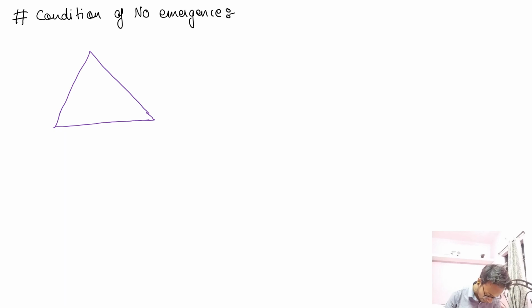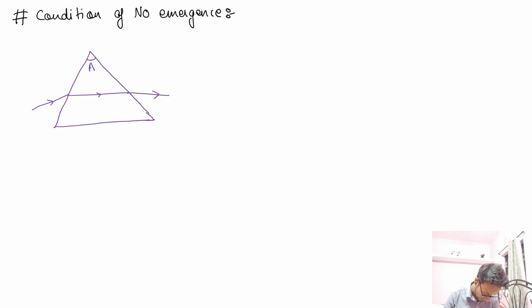I'm interested in what is the minimum value of angle A, so that all the rays totally internally reflect out here.